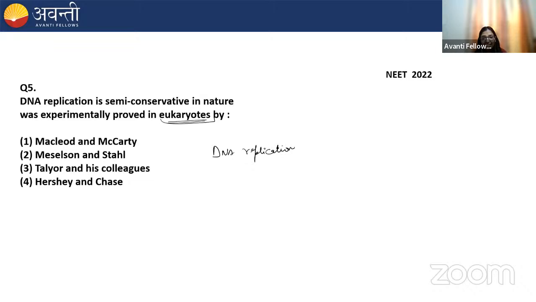We know that DNA replication is semi-conservative. If this is the parental strand, so this is the parental and this is the newly synthesized strand. So one parental strand will remain conserved and act as a template for the synthesis of the new strand, which is the daughter strand.